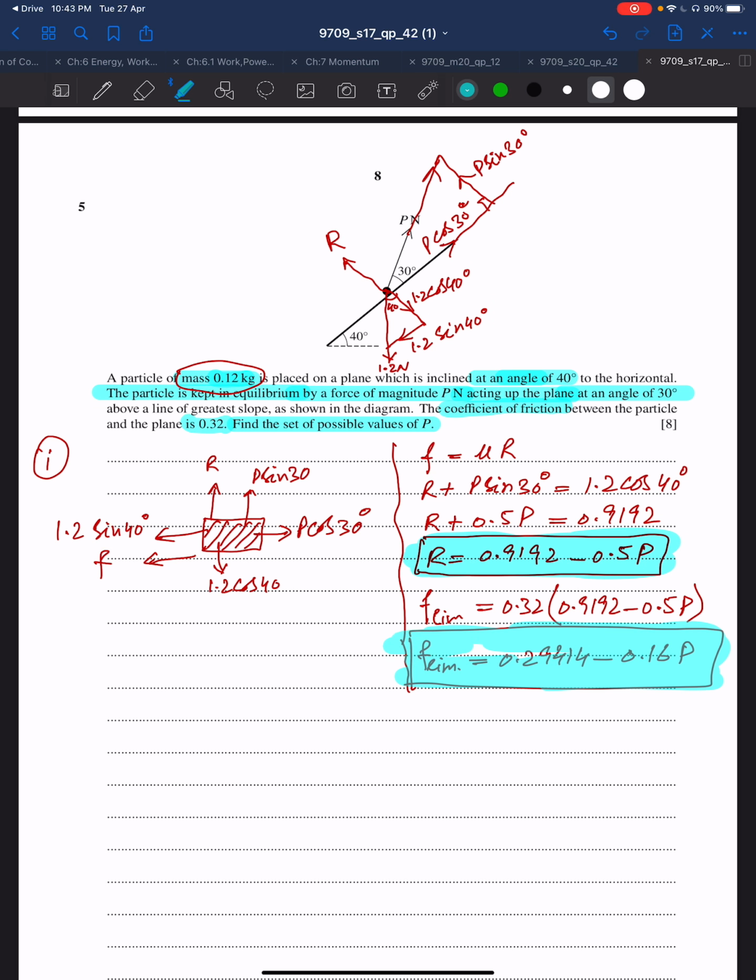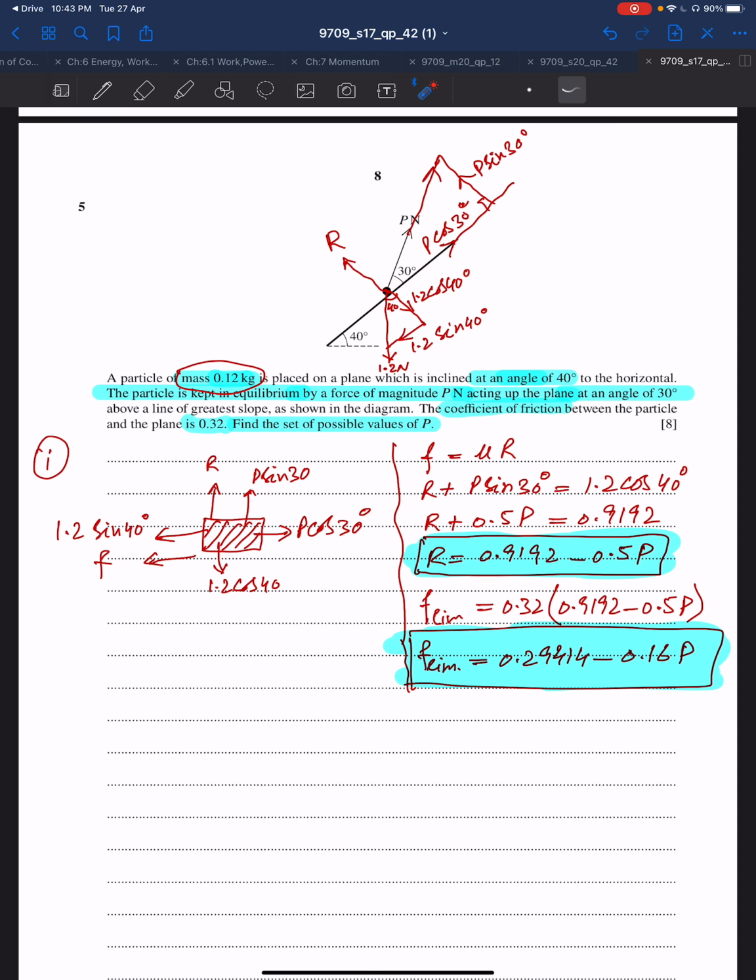So there would be two situations. In the first, the power is enough that it is at the point of moving upwards. It is not moving, but if a little more force is applied, it will move upwards. And you know that friction works in the opposite direction.